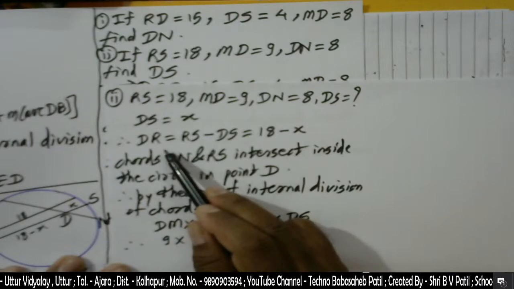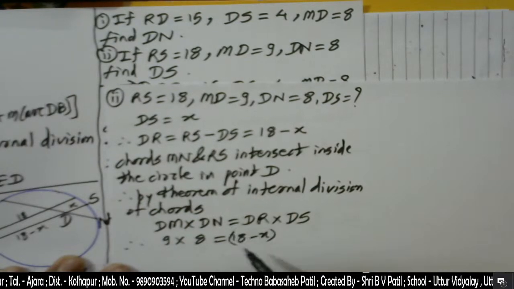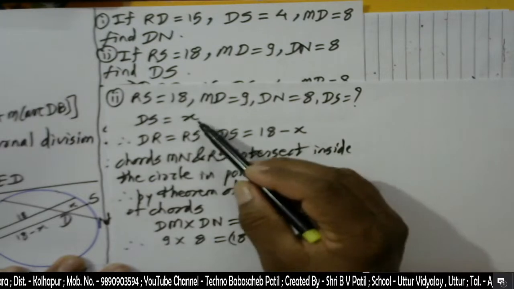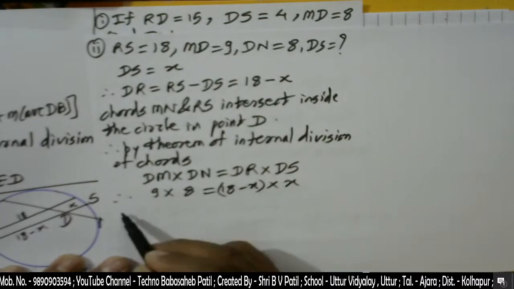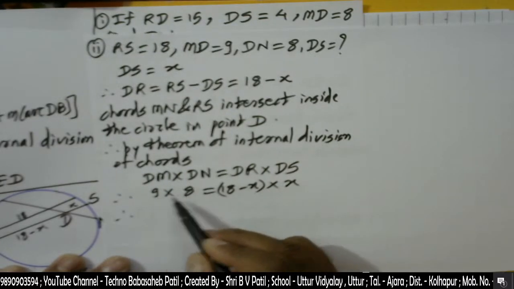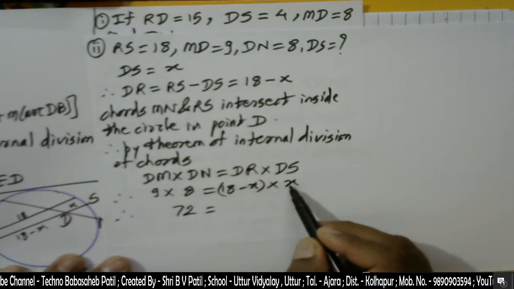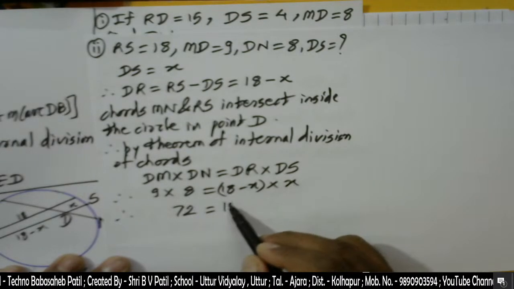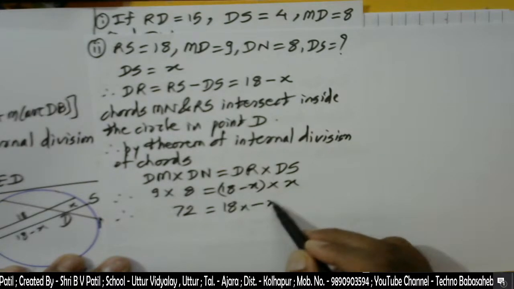DR we find here is 18 minus x. The value of DS we suppose is x. So 9 eights are 72, and 18 multiplied by x is 18x minus x multiplied by x, that is x square.